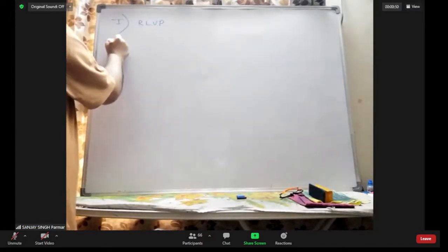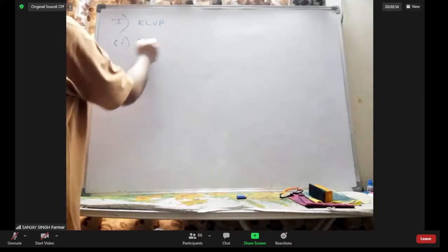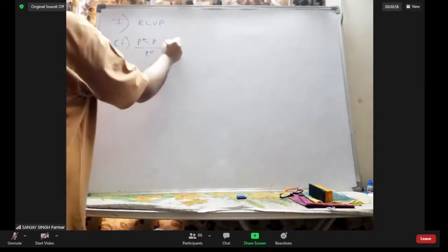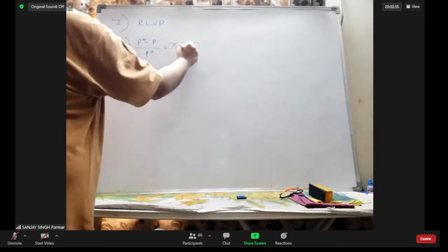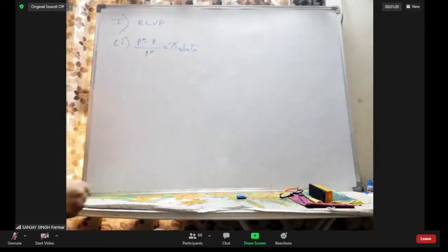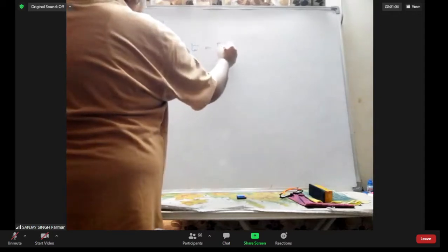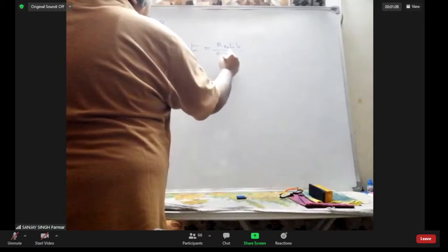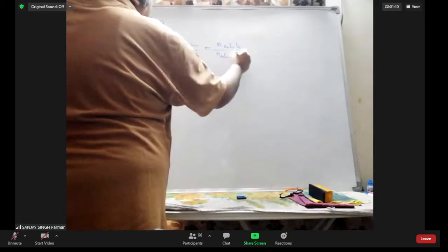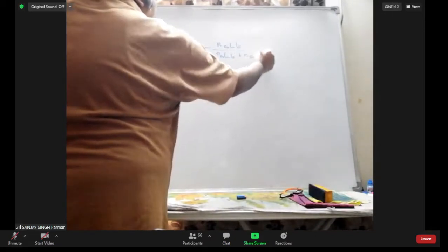In this, I will write point number one. Relative lowering of the vapor pressure is equal to the mole fraction of the solute. Mole fraction of the solute means number of moles of solute divided by number of moles of solute plus number of moles of the solvent.